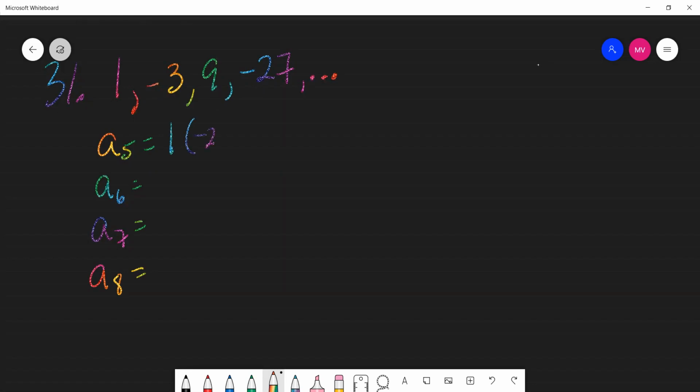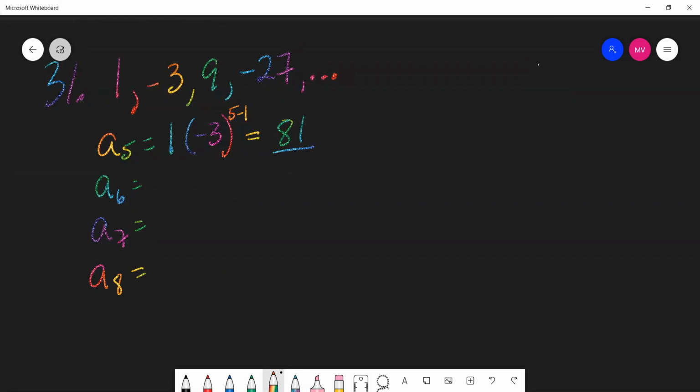What's our ratio here? -3, right? This is geometric. We have a ratio of -3 raised to the power of 5 minus 1, which is 4. When you do that, you find that -3 raised to the power of 4 is a positive 81.